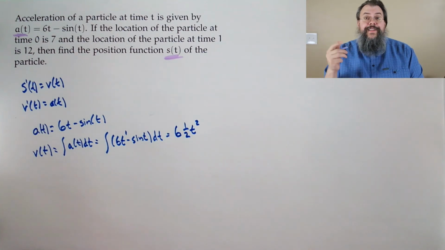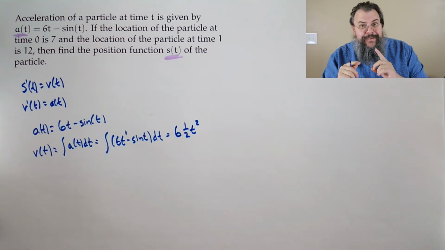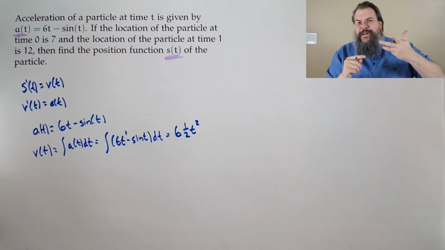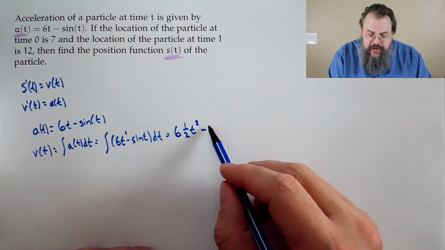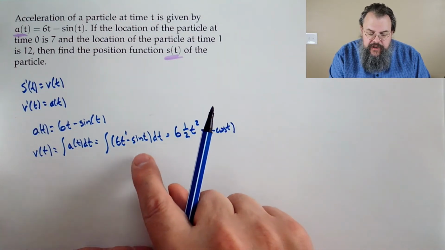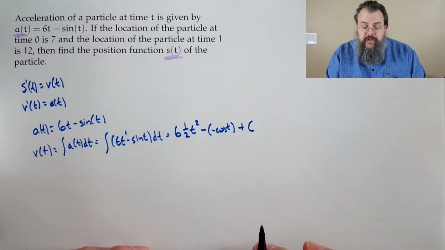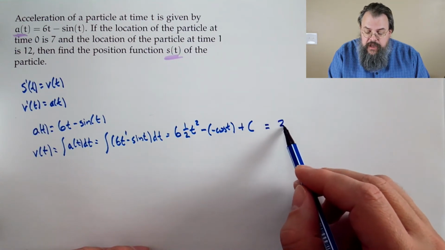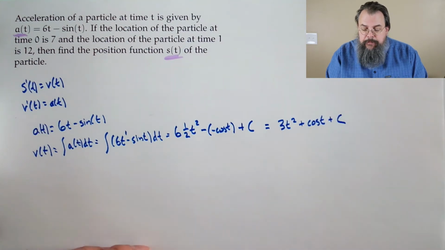Integral of sine, that's on our list. Be careful, negative cosine, because it's that weird thing of derivative versus antiderivative. So what we'll have is minus cosine t, and then when we take an antiderivative, there's some unknown constant, so there's a plus c. Clean that up a little bit: we have 3t squared plus cosine t plus c.